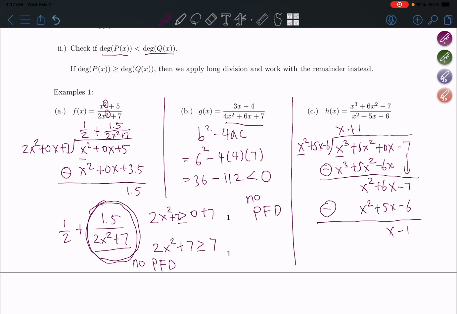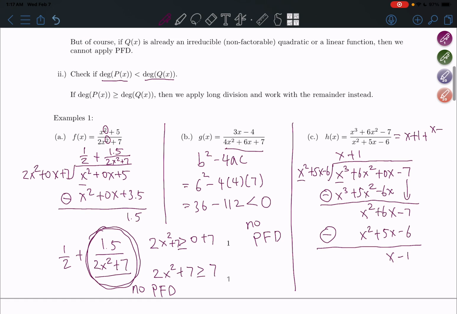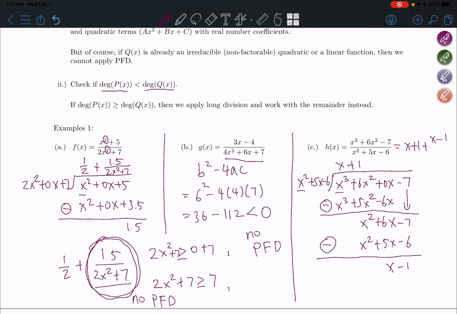That means this quotient, after long division, becomes x plus 1 plus x minus 1 all over x squared plus 5x minus 6.